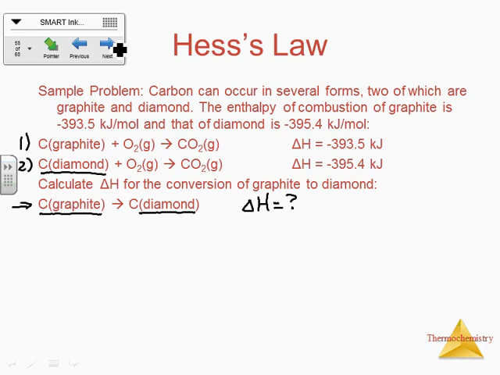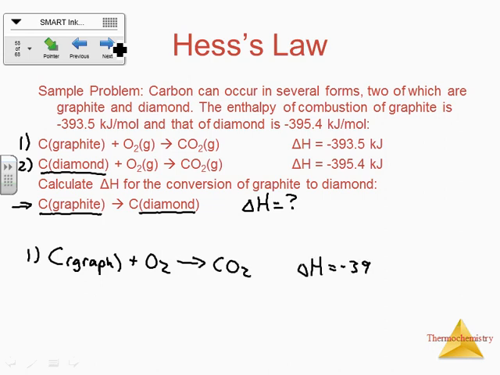Okay, so I'm going to rewrite equation 1 here. I'm going to abbreviate a little bit. And then equation 2, I'm going to flip it so that the CO2 is on the reactant side. And then the diamond plus O2.